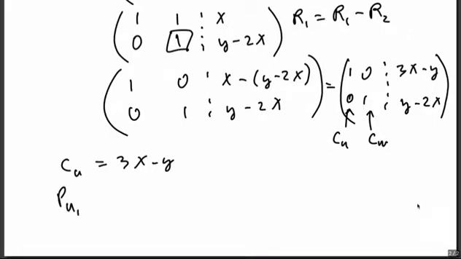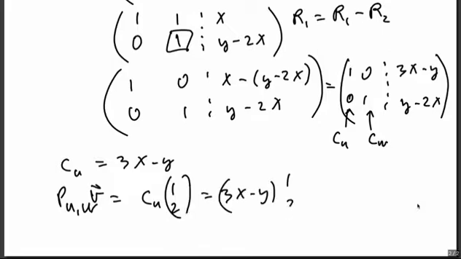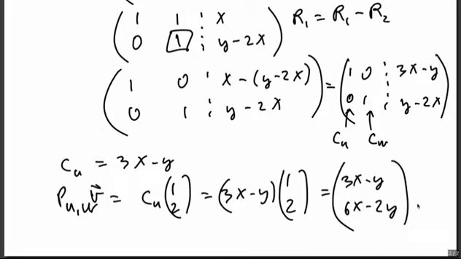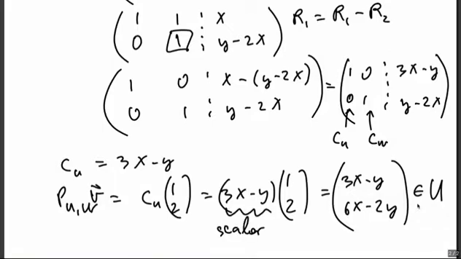So the projection onto U along W, P, applied to V, will be Cu times the 1, 2 vector, the U component, which is 3x minus y times the 1, 2 vector, that's the vector 3x minus y, 6x minus 2y. This is supposed to be in U, and it is in U since a scalar multiplies the 1, 2 basis vector of U.